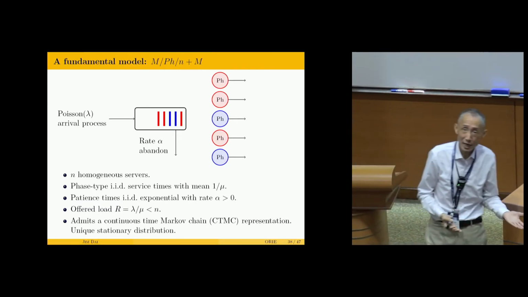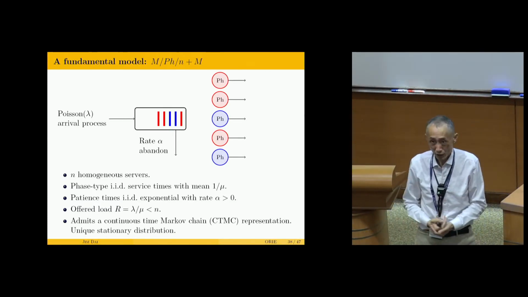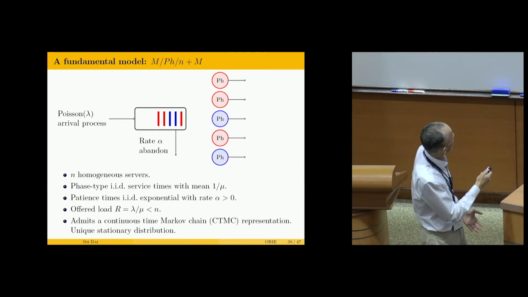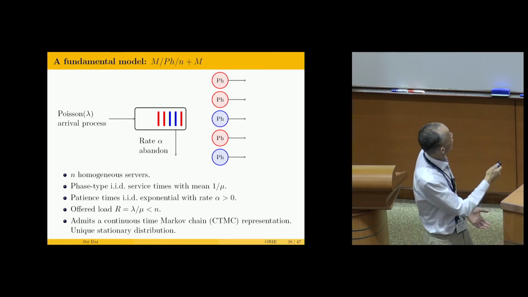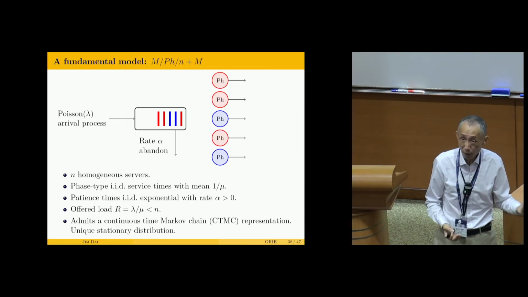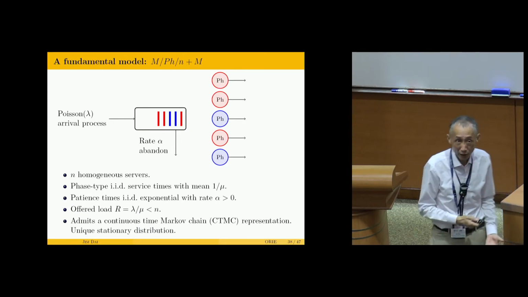So why phase-type? Well, sometimes a job can have a long service time, sometimes a short job, maybe a fraction of them. This red one, for example, is a long job, and the blue one here may be short jobs, with some probability. So phase-type allows you to more realistically model the service time distribution.